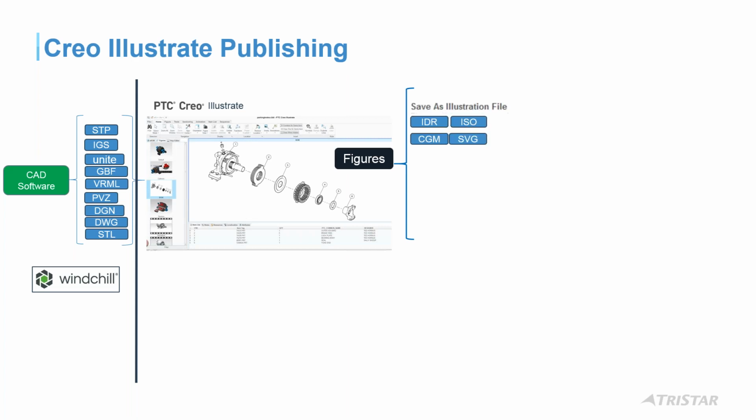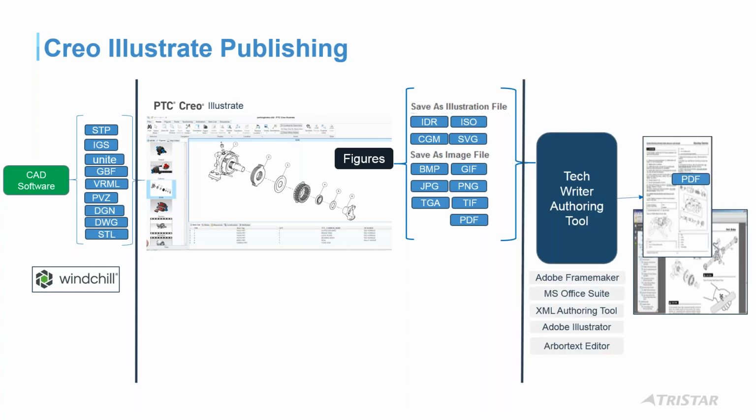So in terms of figures, you can output them into image files. You can output them into these vector files, common formats, web formats. You can then use those images in other downstream authoring tools like Arbortext Editor.